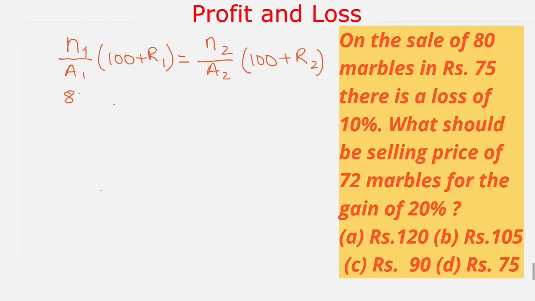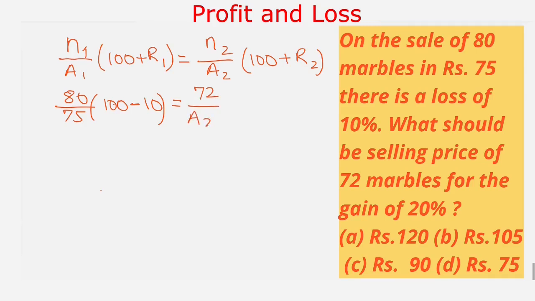So we write it 80 and it was sold in amount rupees 75 into 100. Here R1 is 10% loss. As it is loss, we will put it as minus. So this is 100 minus 10, equal to N2, which is given to us as 72 marbles. And for that we have to find the amount A2.